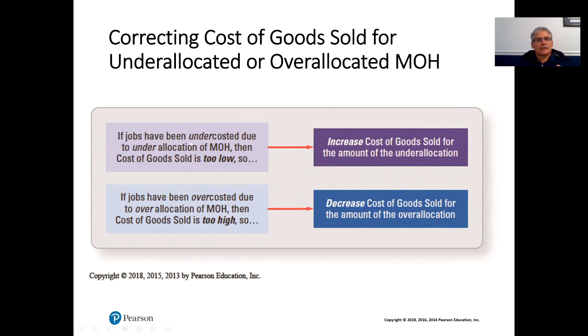If jobs have been undercosted due to underallocation of MOH, then cost of goods sold is too low. So therefore, we're going to increase the cost of goods sold for the amount of the underallocation.